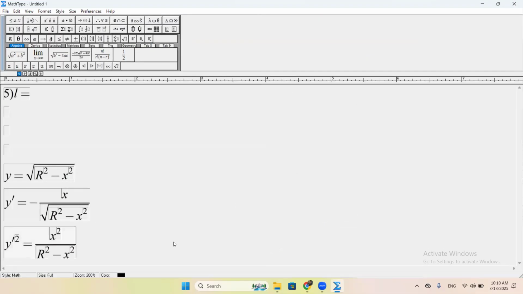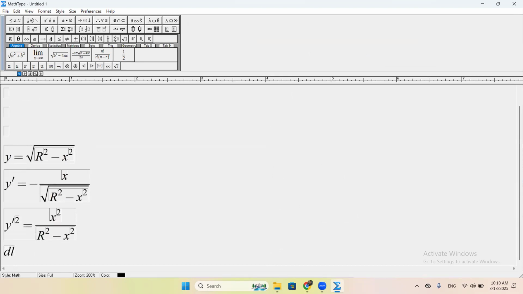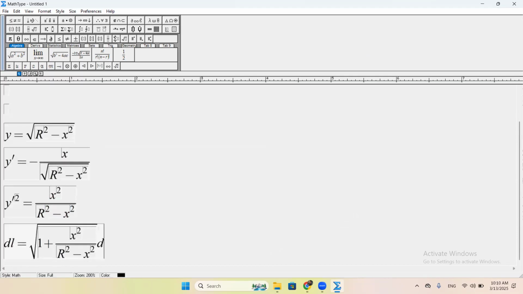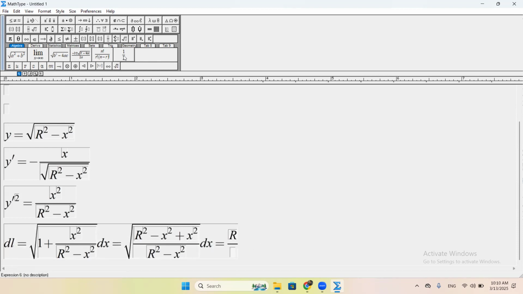Then dl will be equal to the square root of 1 plus this expression, dx, so it will be equal to r divided by the square root of r squared minus x squared, dx.